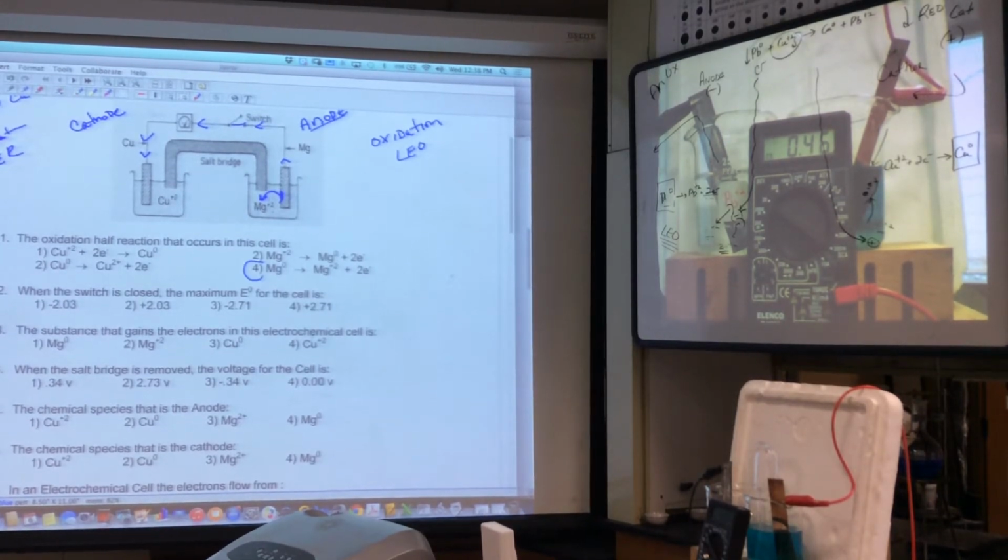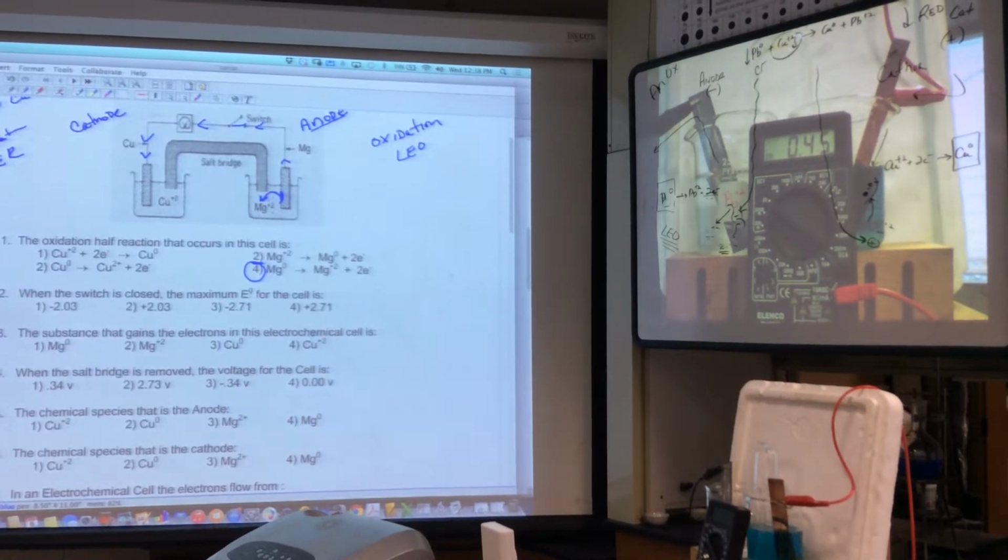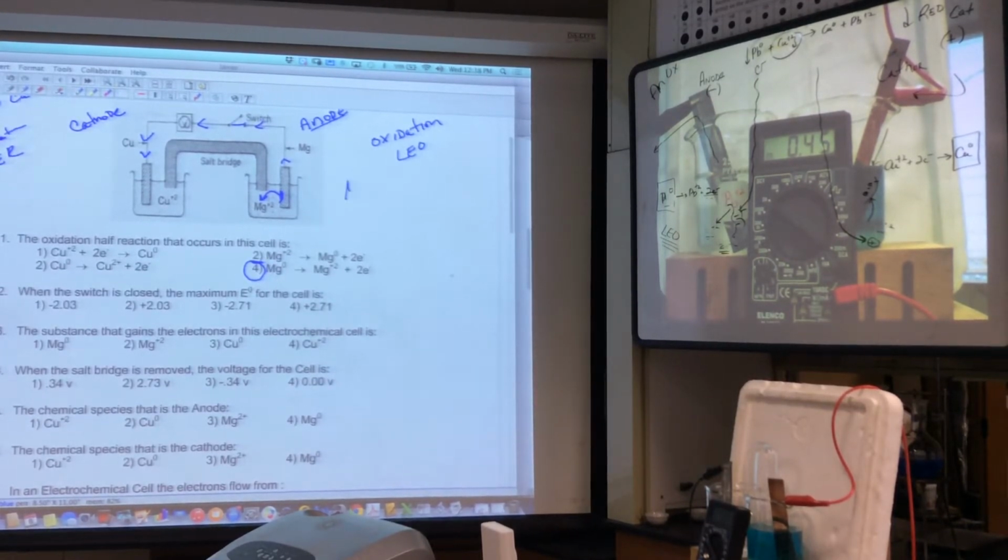No. Okay, when the switch is closed, the E0 of the cell is what? Well, we have Mg0 becomes Mg plus 2, and it gives off 2 electrons. And then, what's happening on the other side?